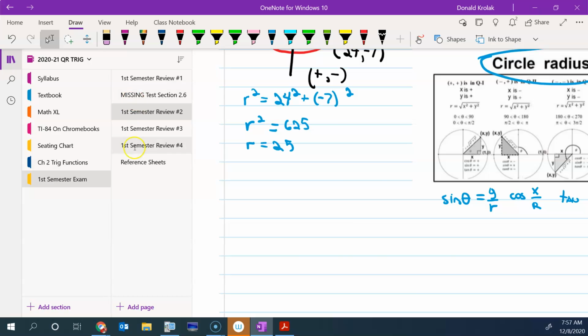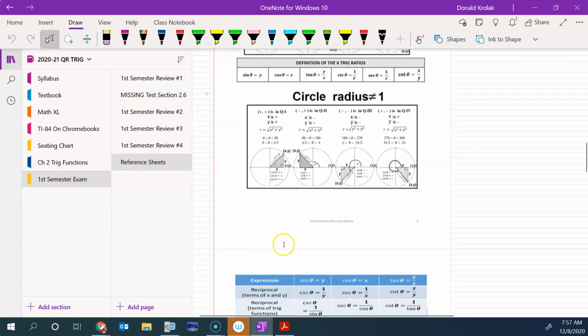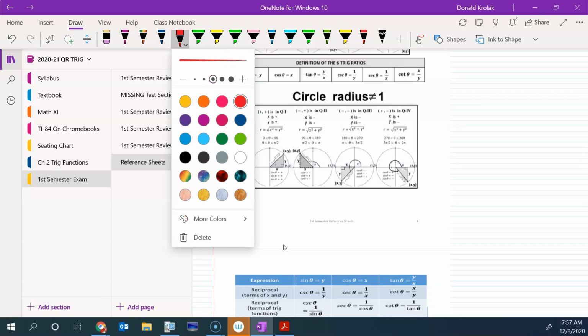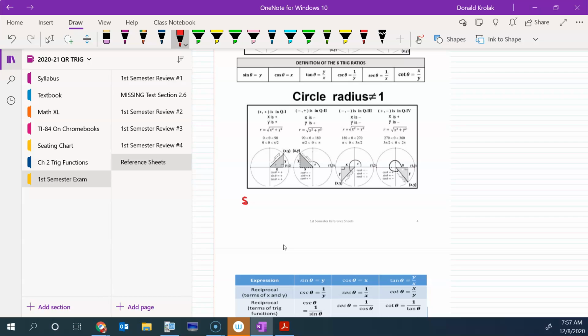So, reference sheet, right here, I would write that sine of theta is y over r, cosine is x over r, tangent.